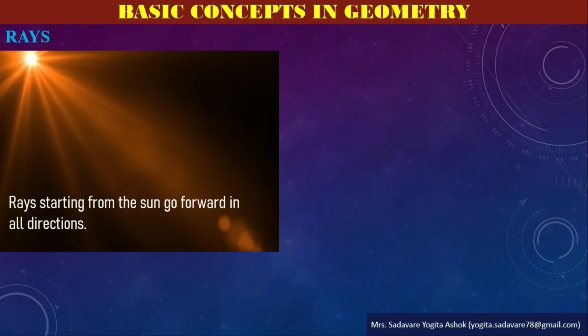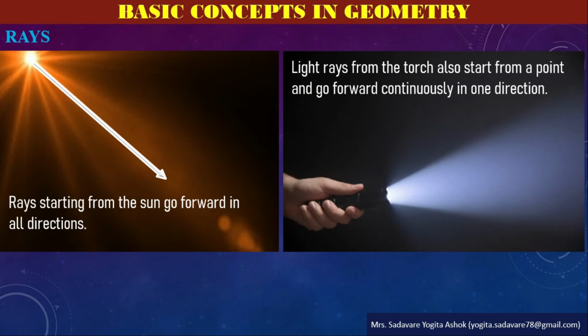Rays starting from the sun go forward in all directions. Light rays from the torch also start from a point and go forward continuously in one direction.